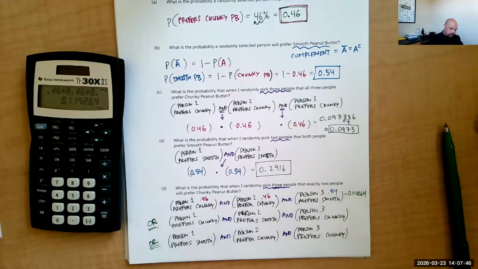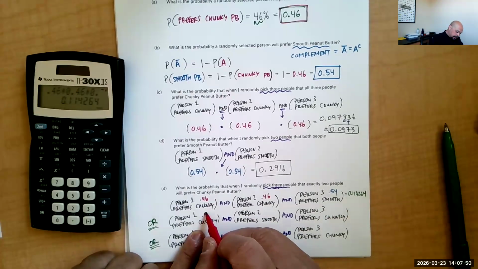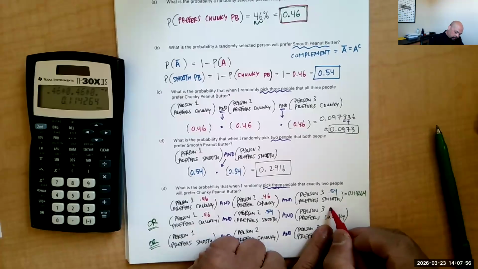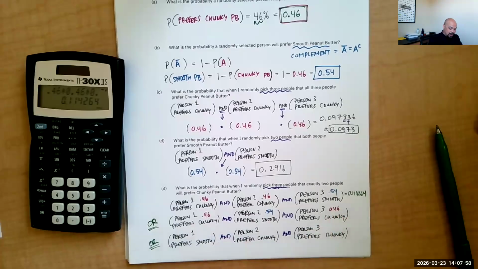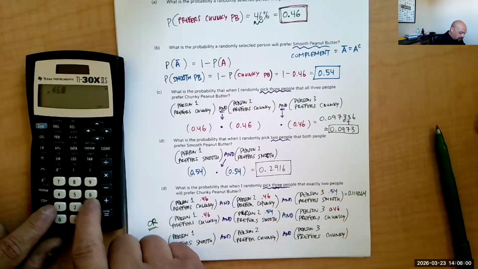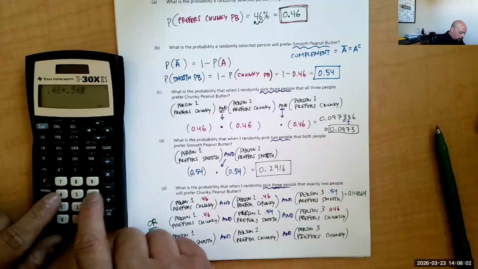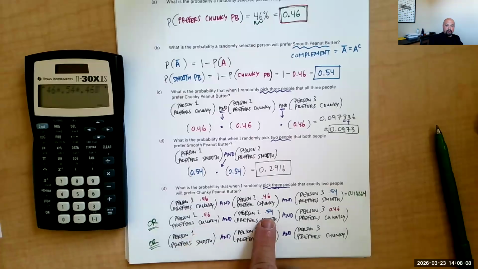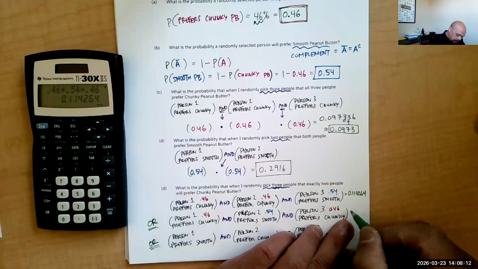0.114264. If I was to do the calculation again here, chunky 0.46, smooth 0.54, chunky again 0.46, right? Notice it's those same three values. All we're doing is changing the order that they're appearing. 0.46 times 0.54 times 0.46. We're of course going to get the same decimal response there.